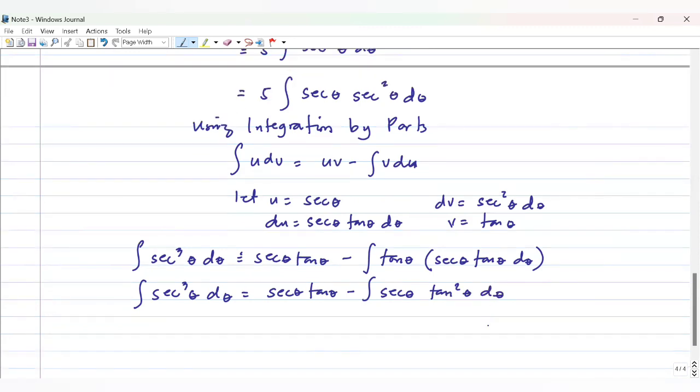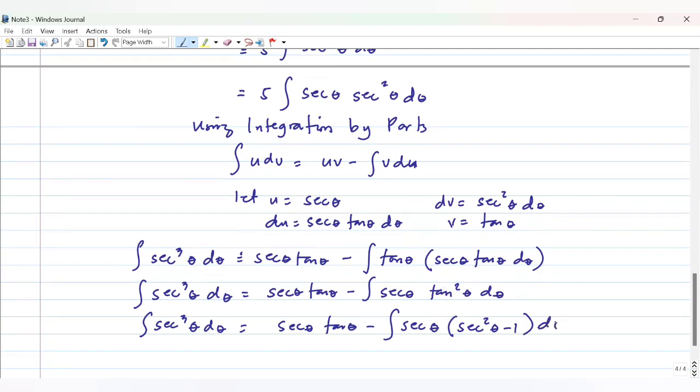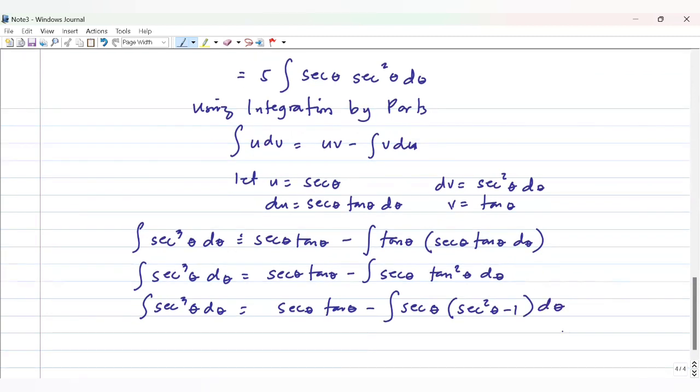Okay. But then what is tangent squared of theta? So we have secant cubed of theta d theta is equal to secant of theta tangent of theta minus the integral of secant of theta times secant squared of theta minus 1. That is the identity for tangent squared theta. And of course, d theta in here. And then, what's next?